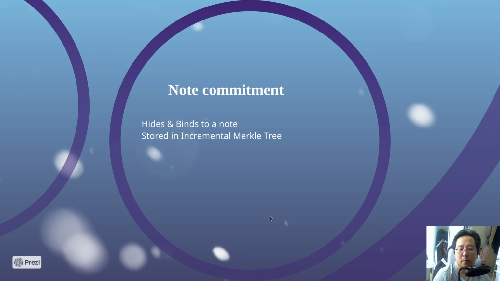Any commitment has two properties. It allows you to hide the actual node. So when you receive a node commitment, it is linked to a node, but receiving the node commitment doesn't give you any information about the node itself. And the second property is that it's binding to a node.